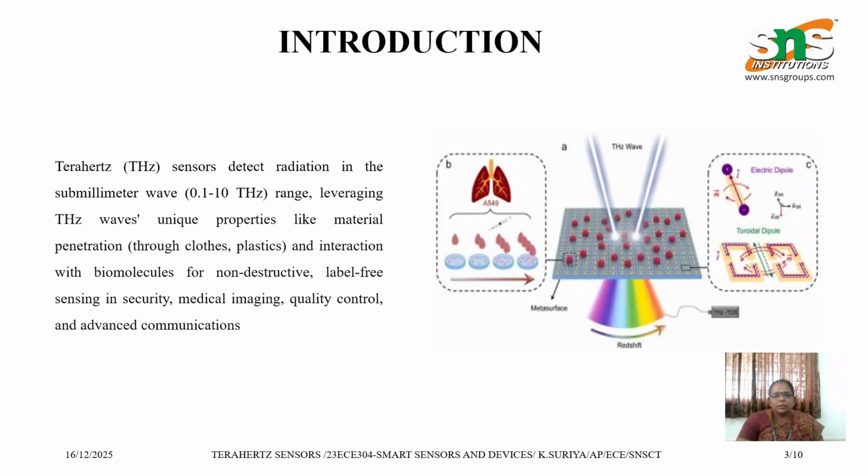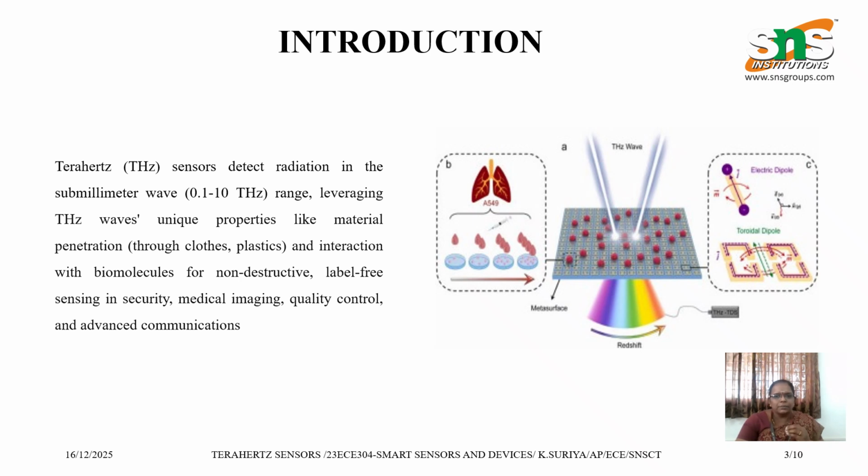So terahertz radiation, also known as T rays, occupies the electromagnetic spectrum between microwaves and infrared light, typically in the frequency range of 0.1 to 10 terahertz. This region has long been underexplored due to the lack of efficient sources and detectors.